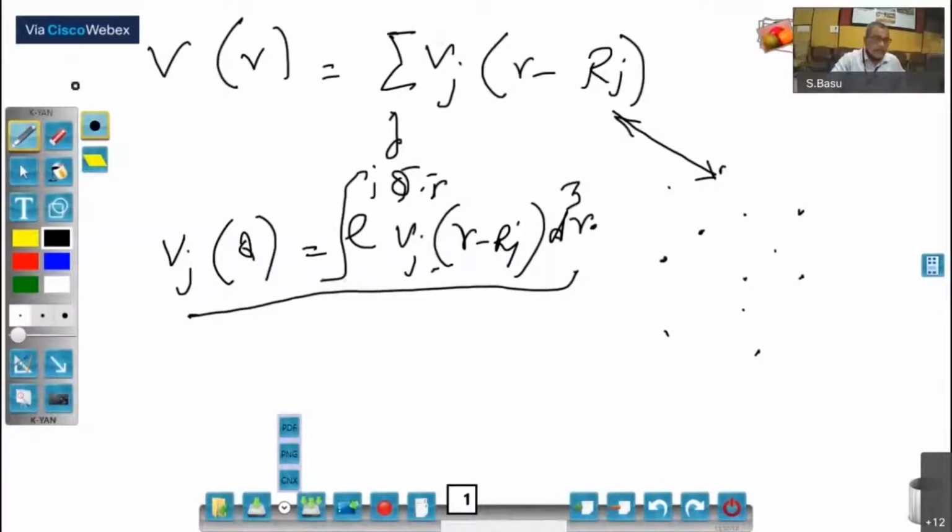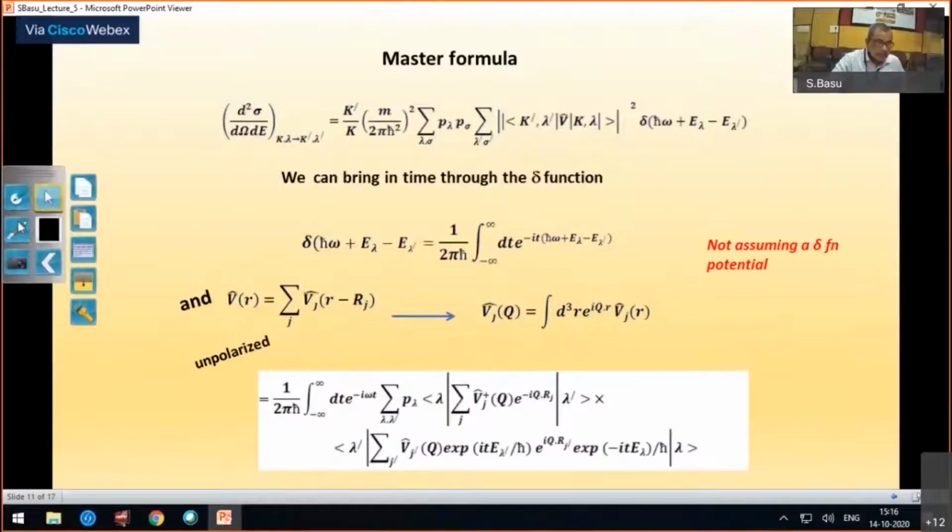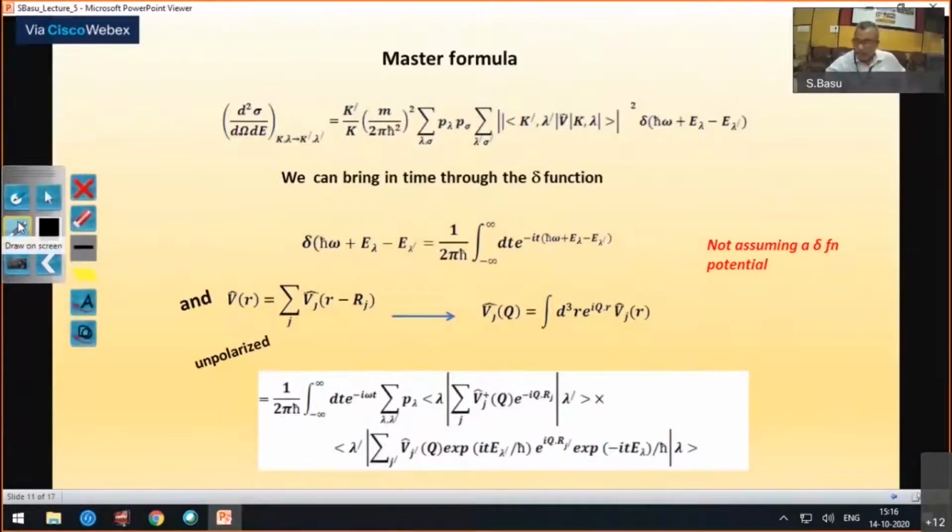Then I come here. So as I wrote here, I'm working with the Fourier transform of the potential.